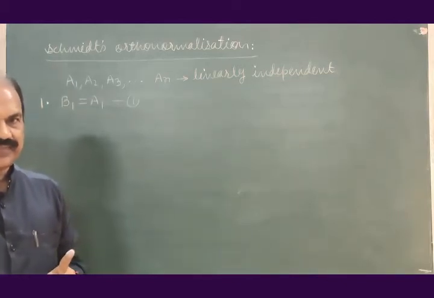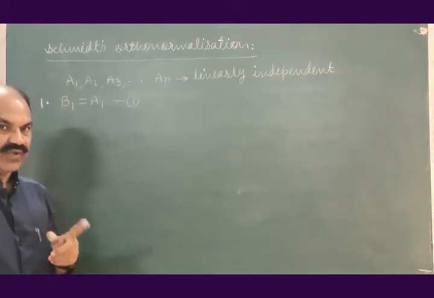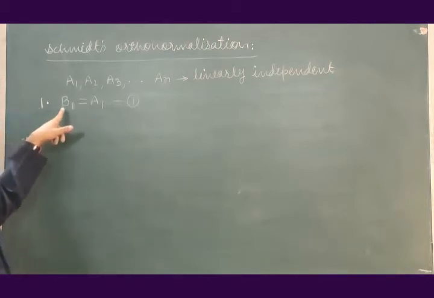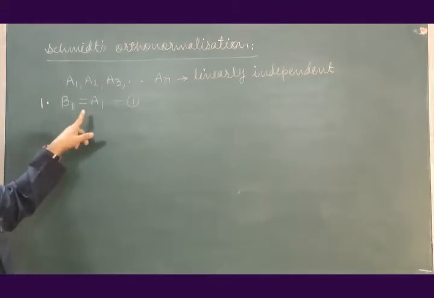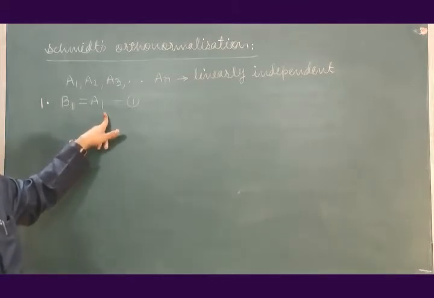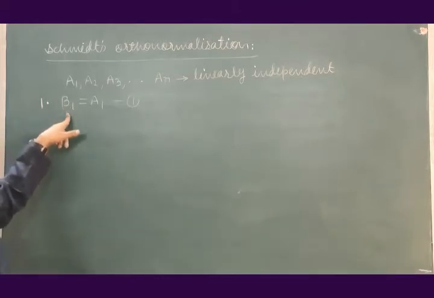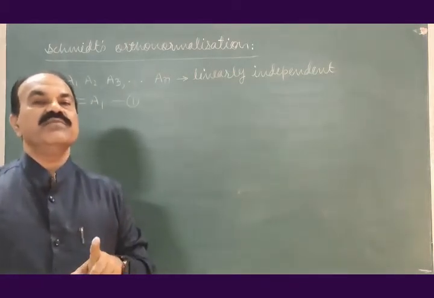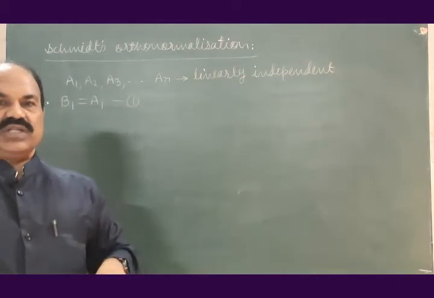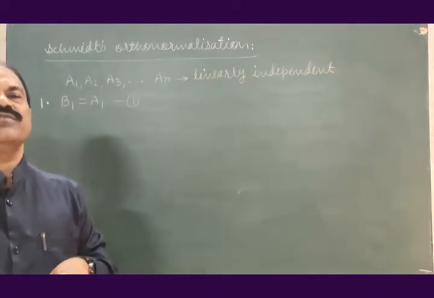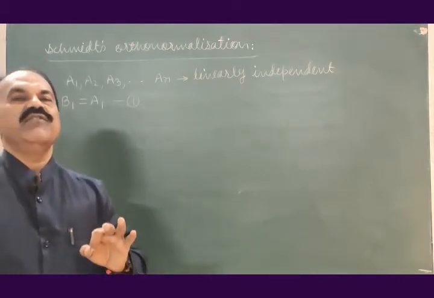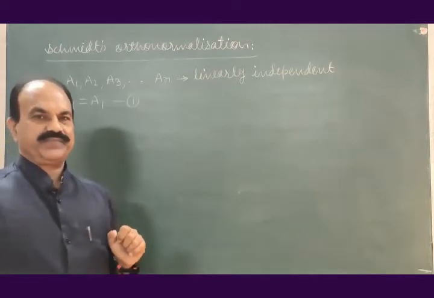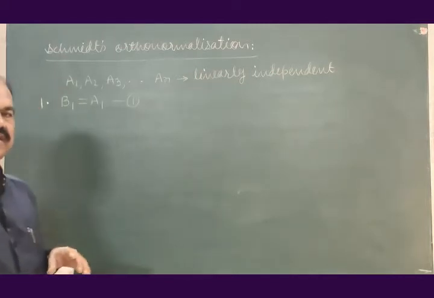In the first step, we are simply going to consider b1 equal to a1. This vector b1 will be one of the vectors from the set of orthogonal or orthonormal vectors. That is the first step.